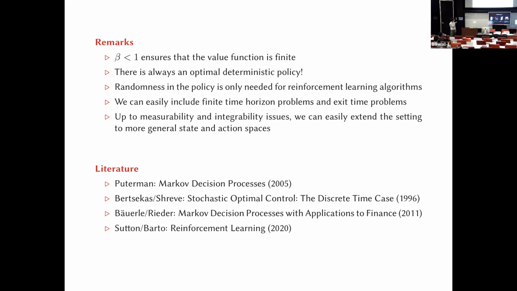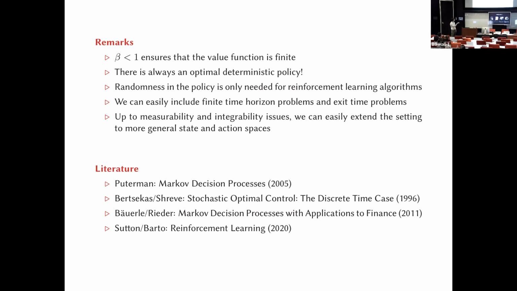If you want to dig deeper, Bertsekas-Shreve is an amazing book. They go beyond that finite setting, and there you will see all the measurability and integrability issues arising. 96 is the newest version. It was written in 78, I think. So from that we learned it's a well-established theory, Markov decision processes.